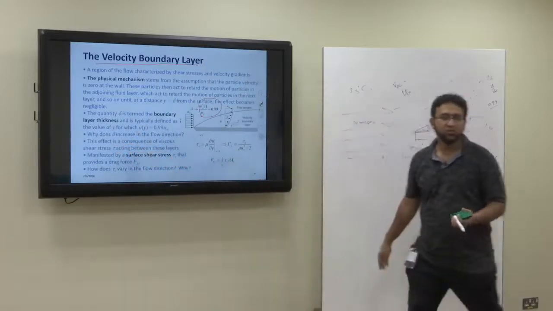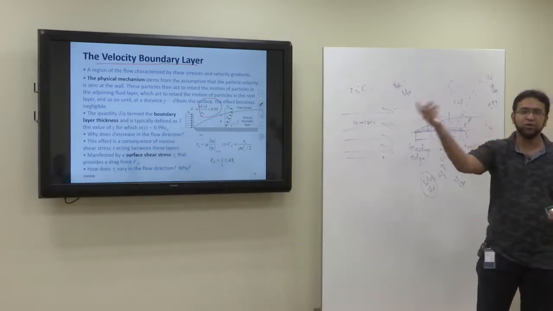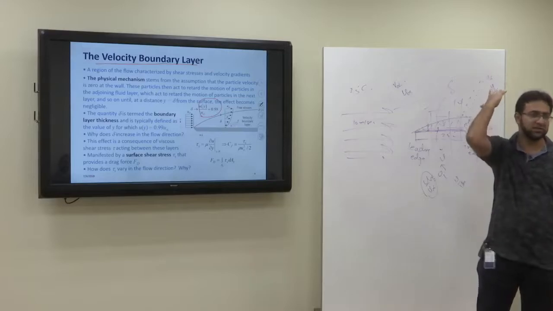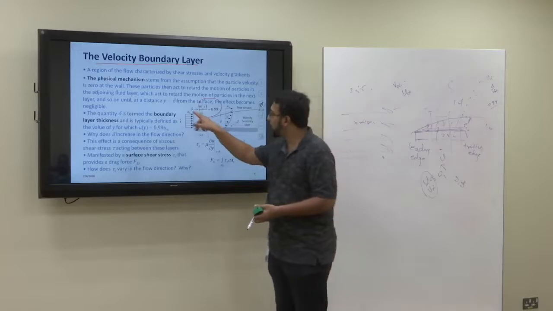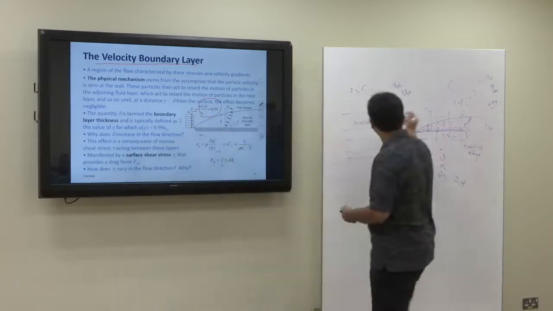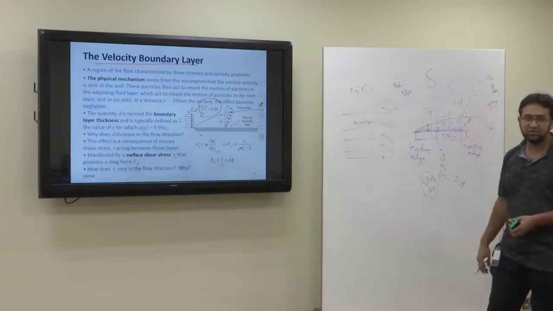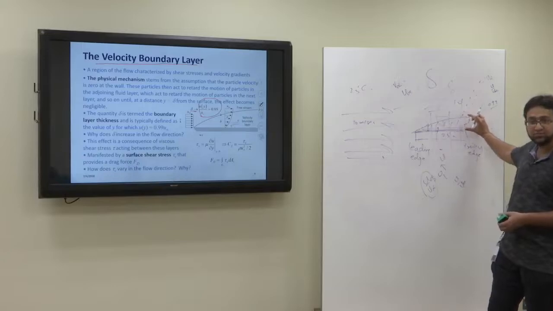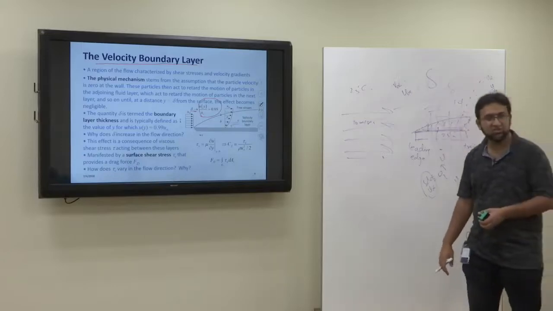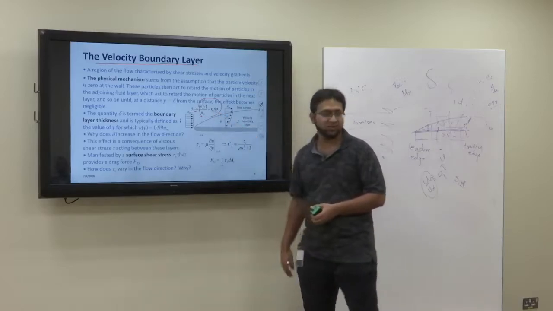Normally the boundary layer thickness is denoted by delta. Delta is the boundary layer thickness, this thickness, which is changing. So this thickness is determined for u upon u infinity equals 0.99.